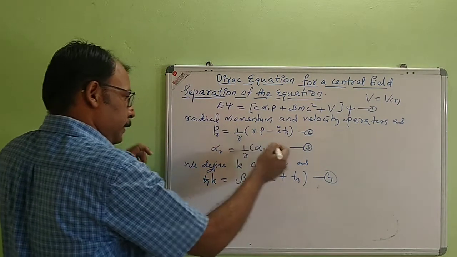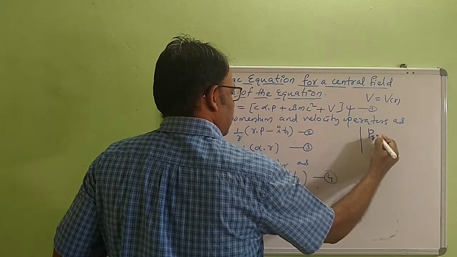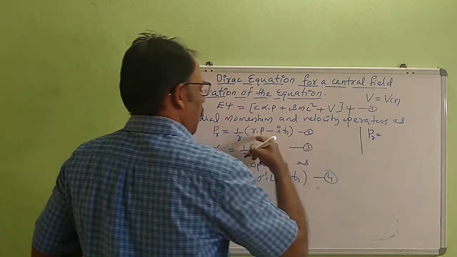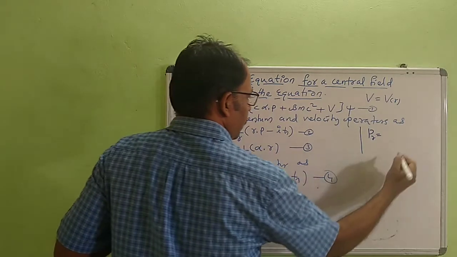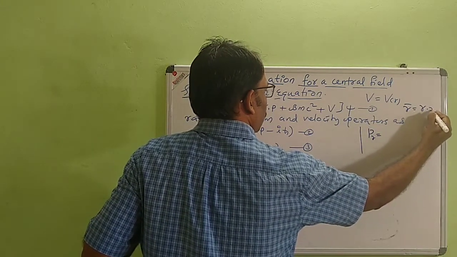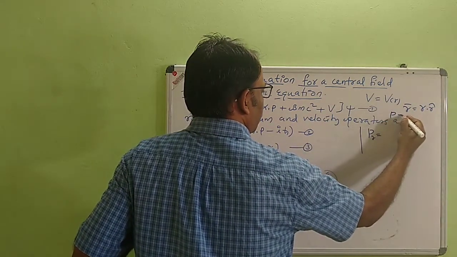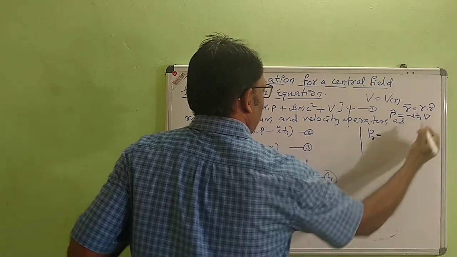So this operator P_r, we can write as 1 by r, r dot P minus i h bar. Here r is r into r cap. Now the operator P is minus i h bar del.